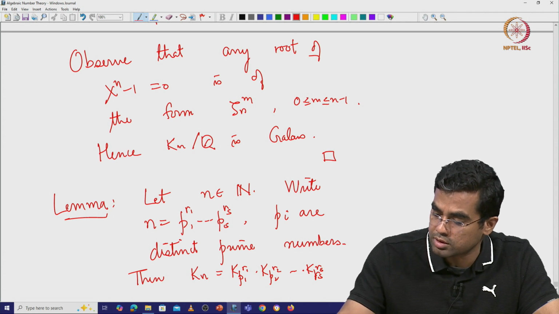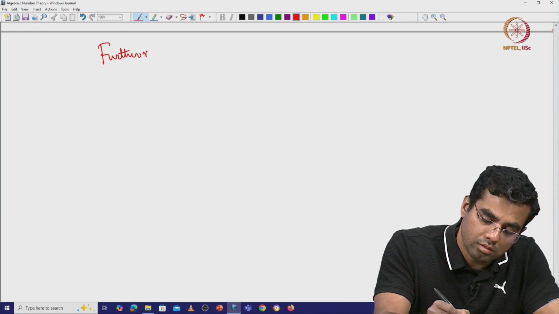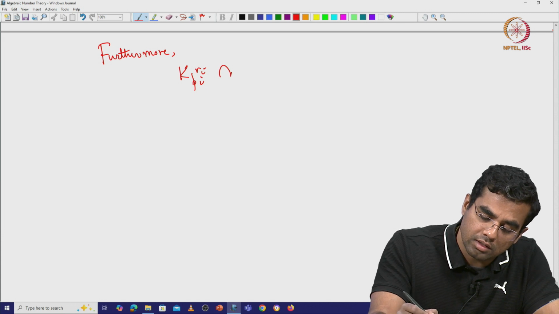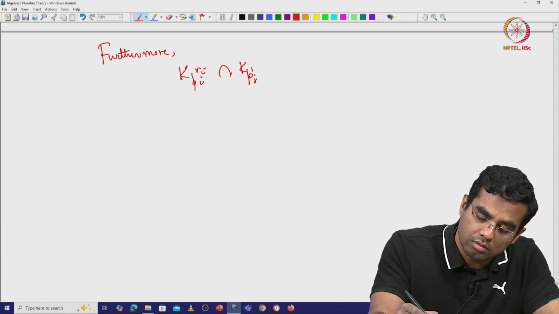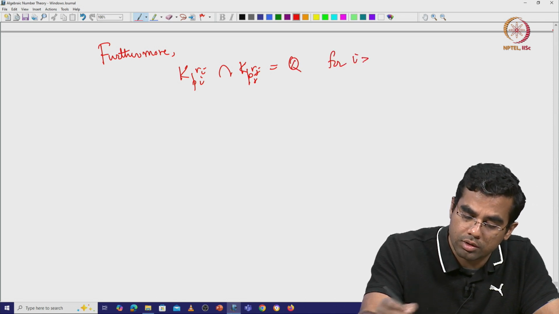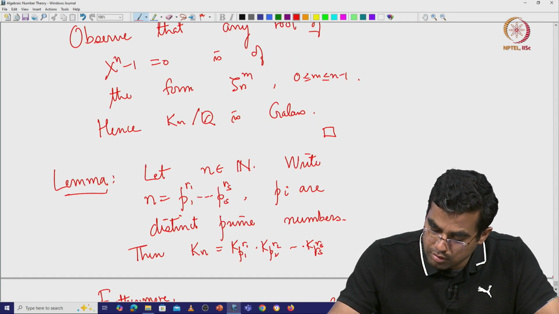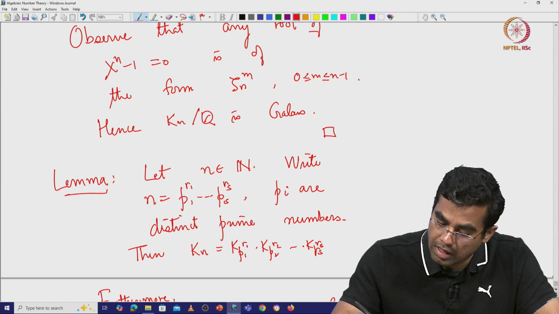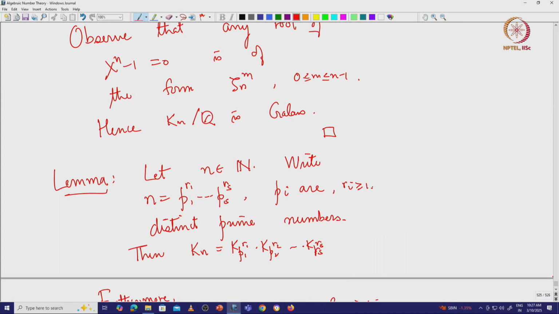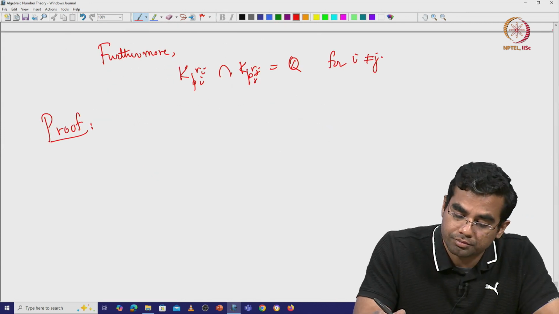Okay, so this is a compositum, and furthermore K_{p_i to the r_i} intersected with K_{p_j to the r_j} is just Q for i not equal to j. These are distinct primes, and the r_i are bigger than or equal to 1.